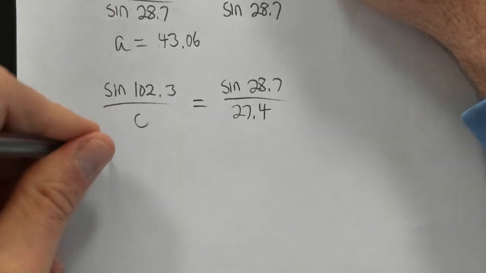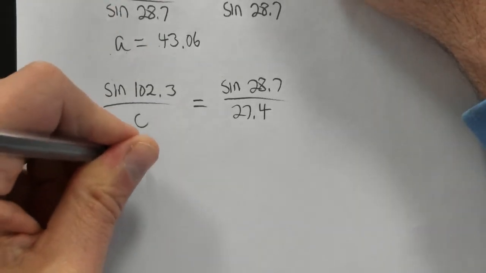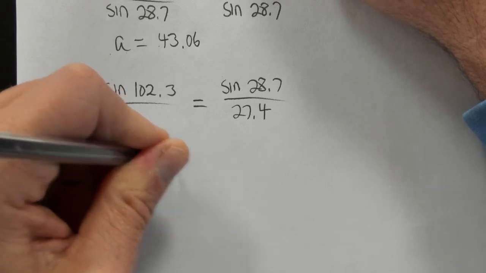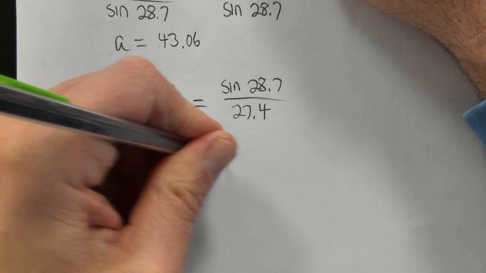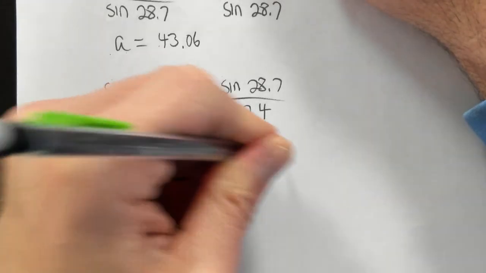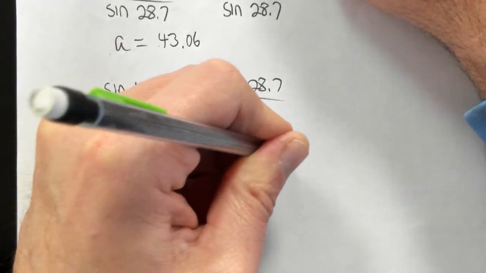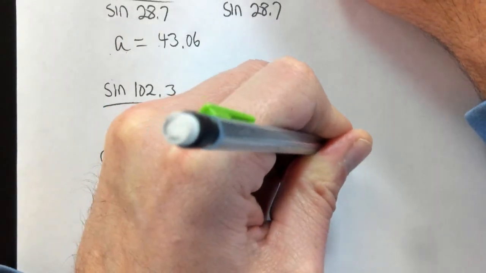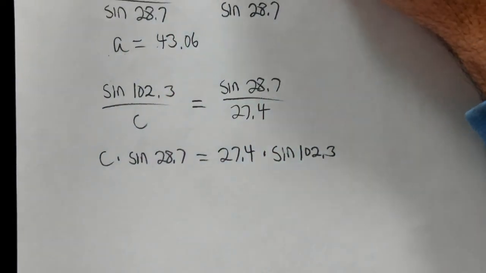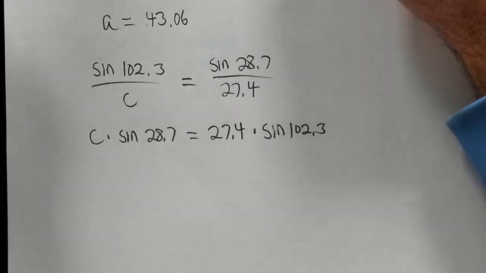Let's do the cross product. C times the sine of 28.7 equals 27.4 times the sine of 102.3. And we're ready at this point to divide.